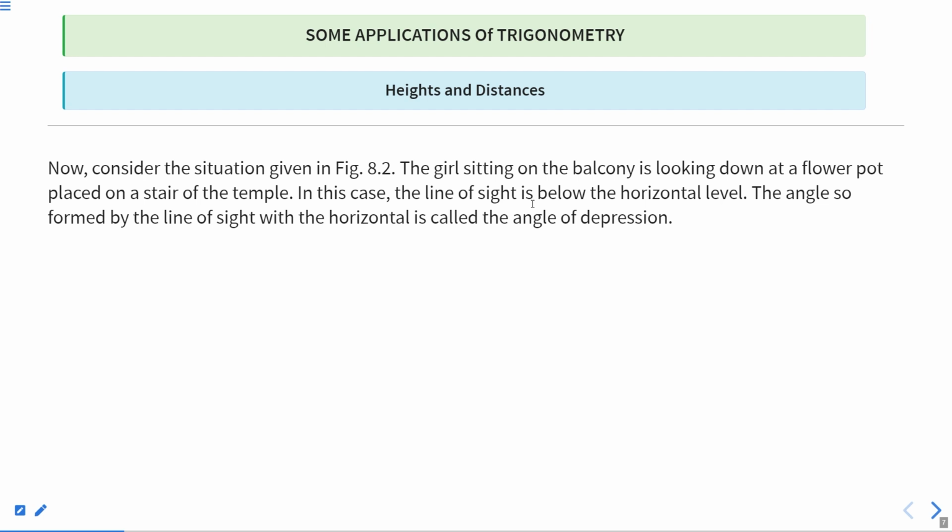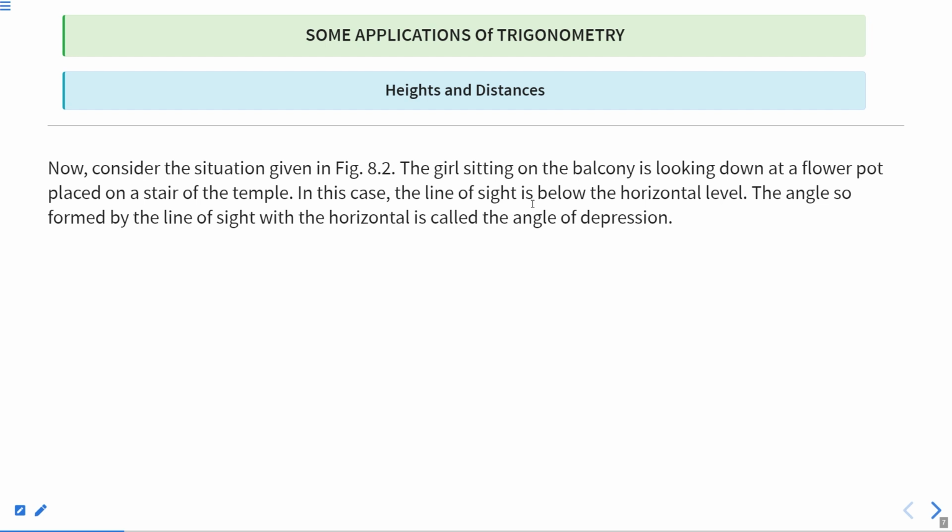The line from the eye of the girl to the flower pot is called the line of sight, and it is below the horizontal level.